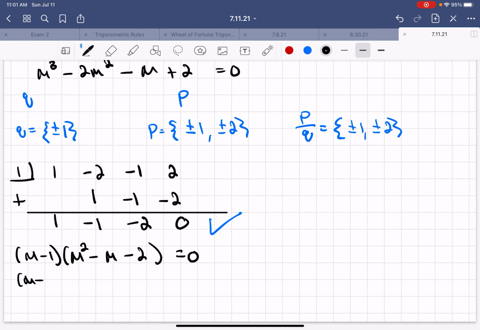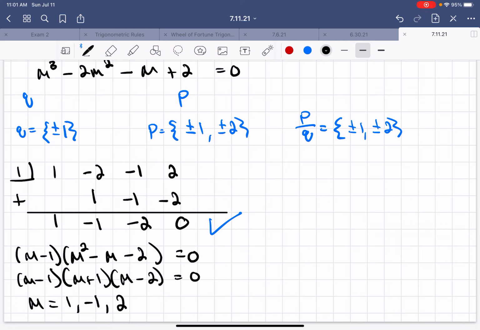So from here, we could set m plus 1 and m minus 2. Then m minus 1 equals 0 gives 1. m plus 1 equals 0 gives negative 1. Then m minus 2 gives 2.